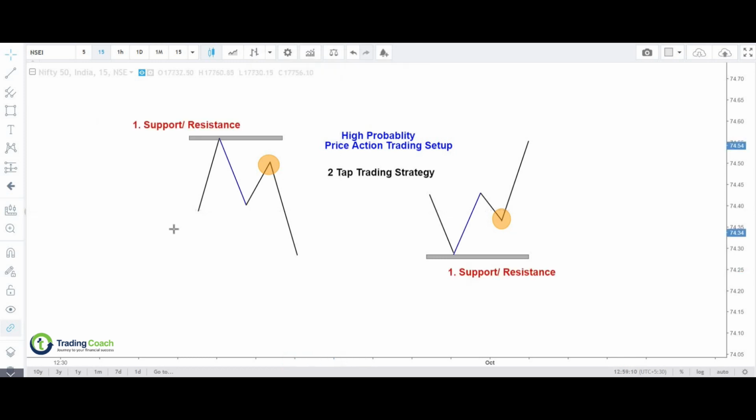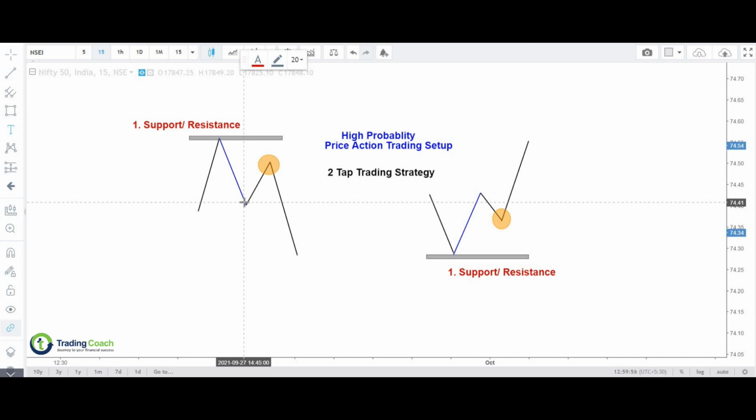The first and fundamental step in trading this two-tap strategy is to identify the support and resistance. You should be able to mark the support or resistance in a proper manner. Just like here, you will see that the prices touch the support or the resistance. Once the prices touch the support or resistance, you will see a reaction.